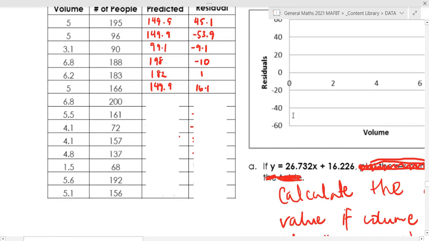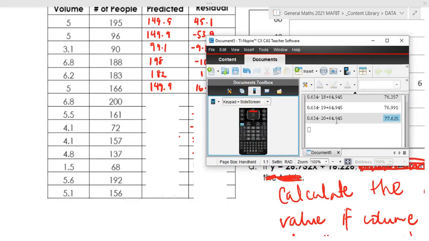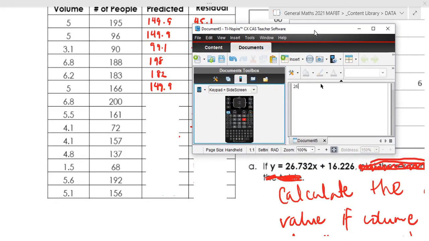My formula was 26.732 multiplied by, I'll just go from the start, the volume of 5. These are the x variables, these are your y variables. So 5, plus 16.226. So there's my first value. I've just rounded them, by the way, to the nearest decimal.